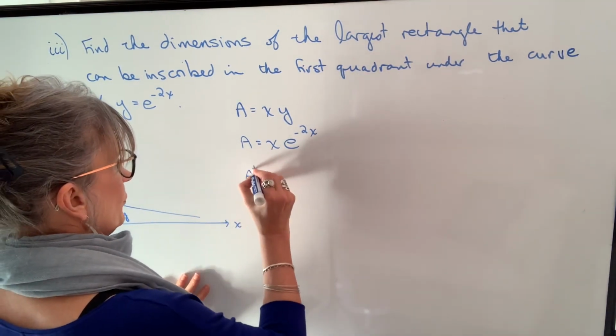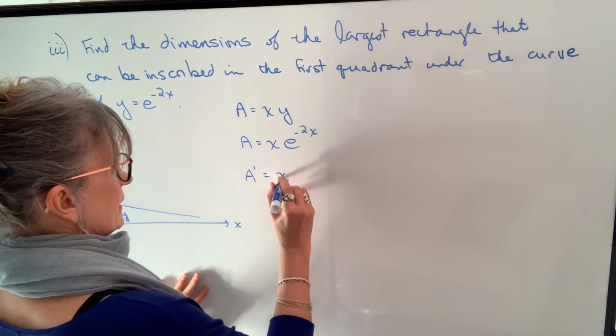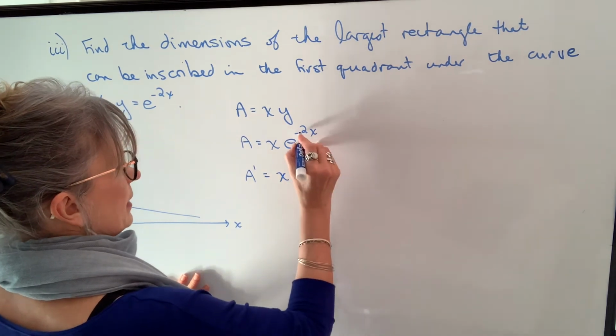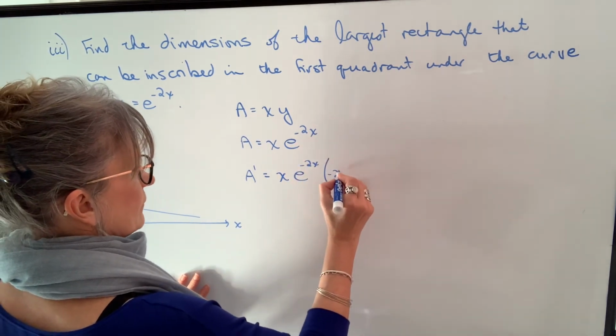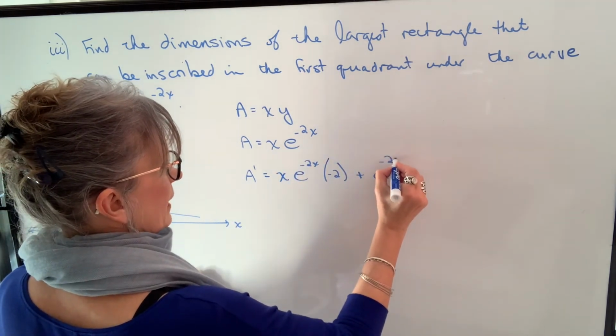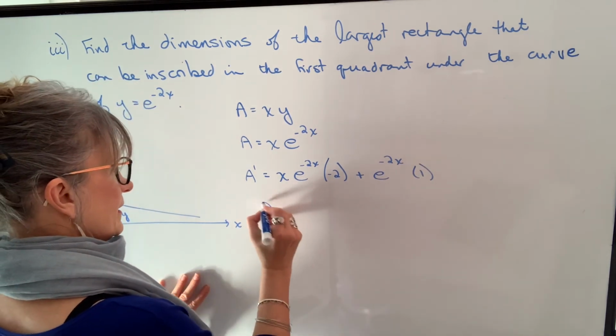So the derivative will be, we need to use our product rule, so the derivative will be x times the derivative of e to the -2x, which will be e to the -2x, times the derivative of -2x, which is -2, plus this factor e to the -2x times the derivative of x, which is 1. We set this equal to 0.